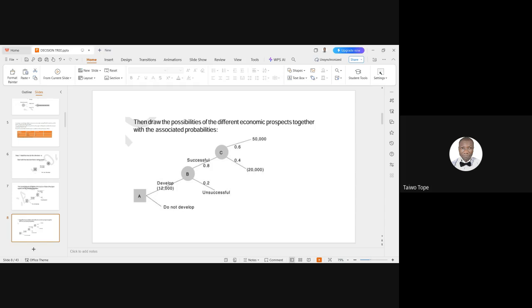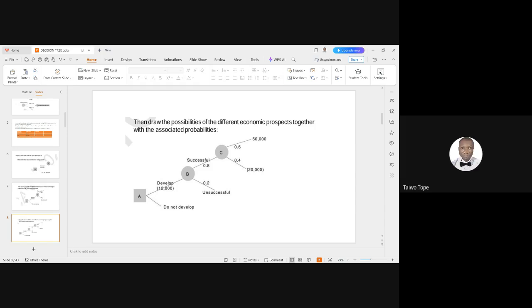Now, when you're walking backward, how will your solution be? The associated probability with the good condition is 0.6, so 50,000 multiplied by 0.6 will give you 30,000.